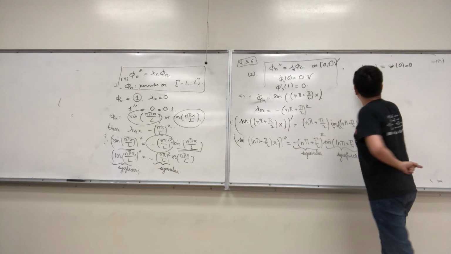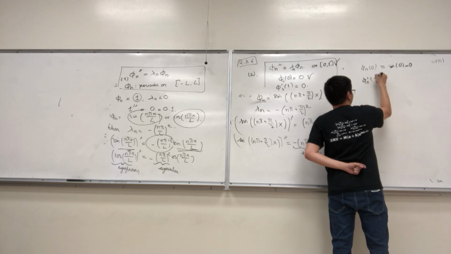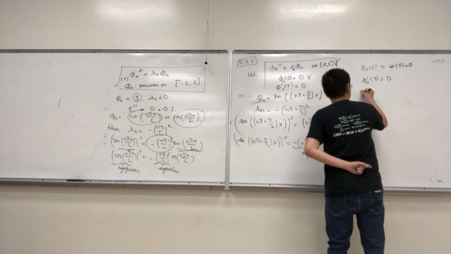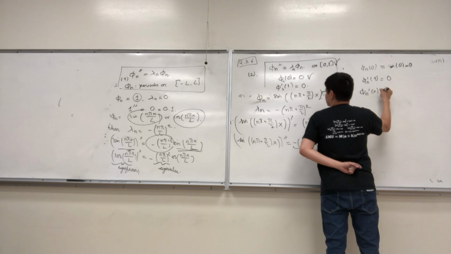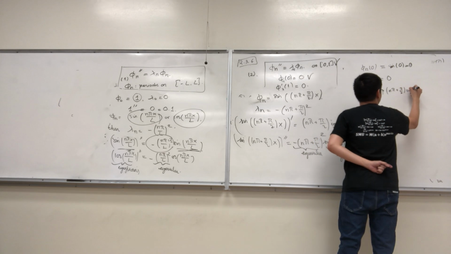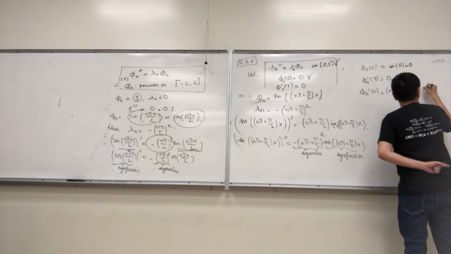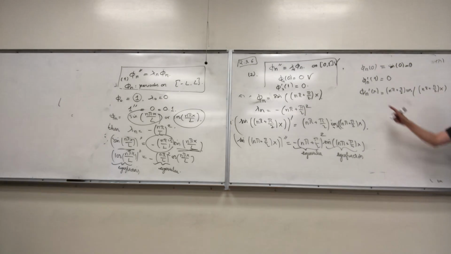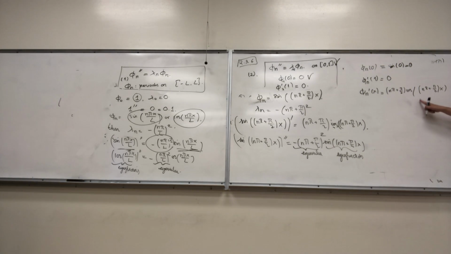The next one is phi n prime of 1 is 0. In this case, phi n prime will be n pi plus pi over 2 cosinus of n pi plus pi over 2 x, right? I take the derivative of phi n, I get n pi plus pi over 2 cosinus n pi plus pi over 2 x.